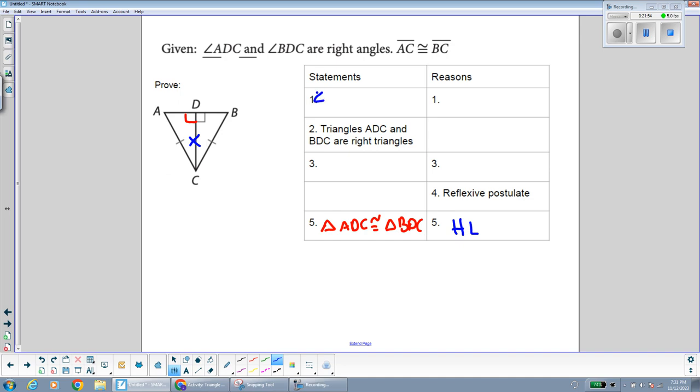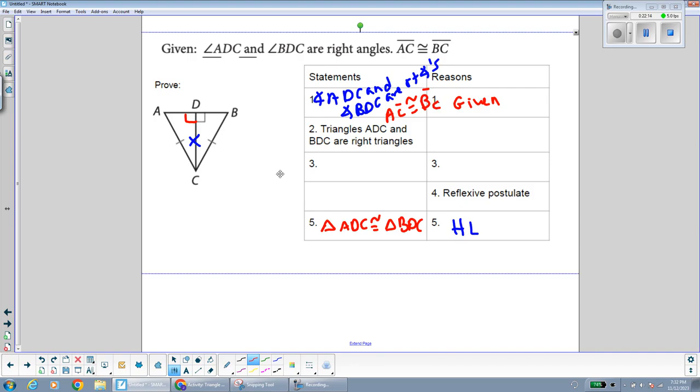Our givens are angle ADC and angle BDC are right angles. And we're also given that AC is congruent to BC. So that's my given. Then it tells us that triangles ADC and BDC are right triangles. And in order to use HL, you do need to know that you have right triangles.